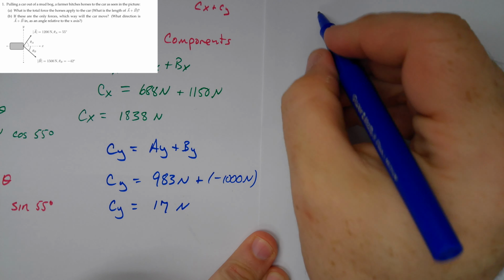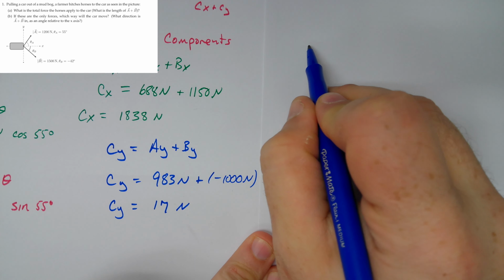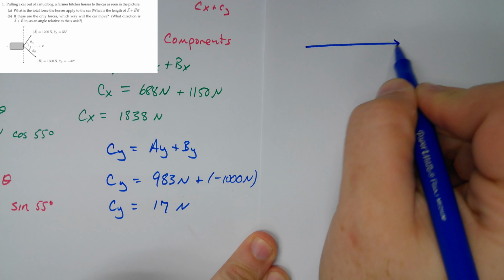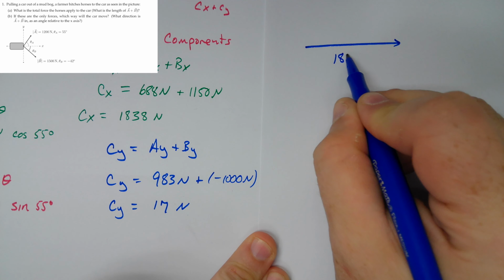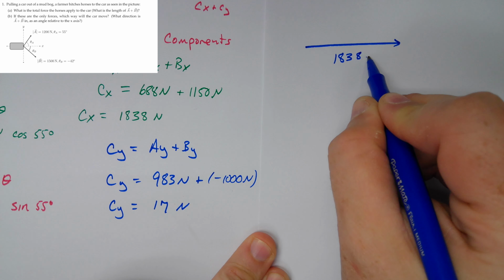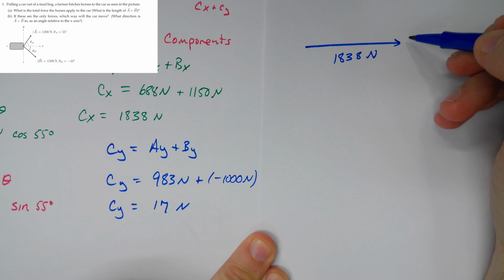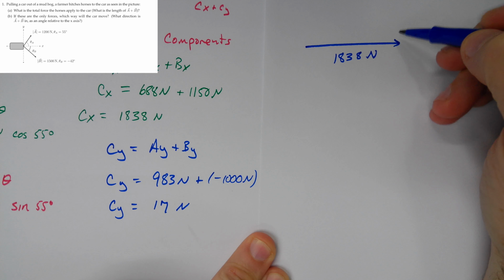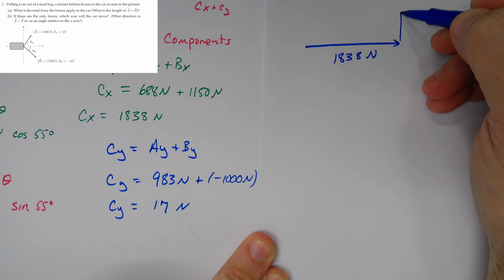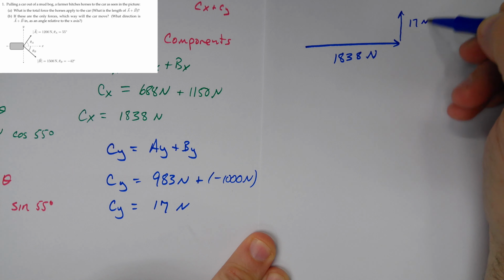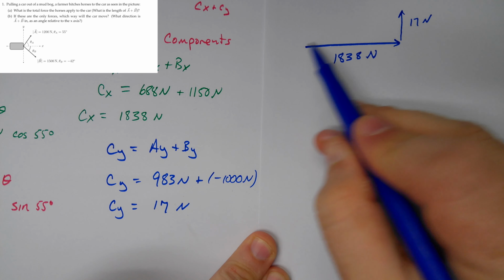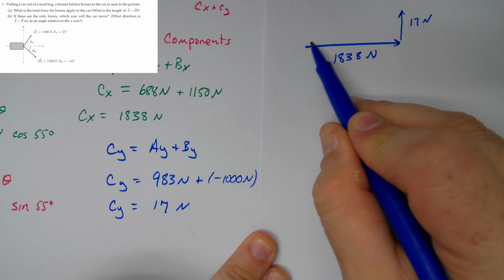All right, draw a second picture. You should have something that goes way over like this, 118.38 newtons. This one will be a very small vector upwards, but we're going to draw it a little bit larger. Right. It's not to scale, but it's close enough.